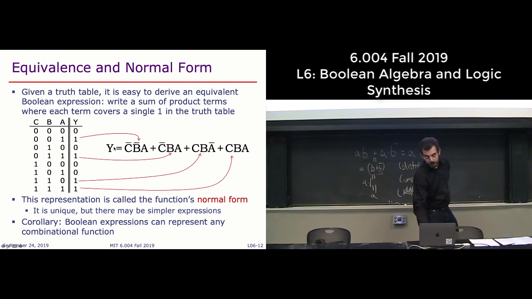Yeah. So if you want a Boolean expression that is only 1 when a particular row of the truth table is 1, you can just write out an AND of all the input variables with a NOT over each variable where you have a 0, and just the variable itself without negation where the variable is a 1.